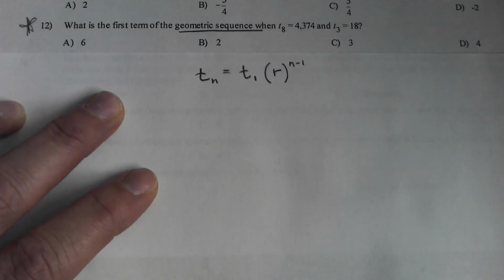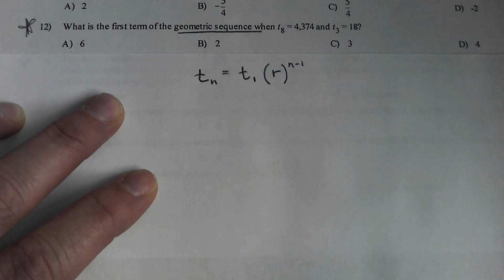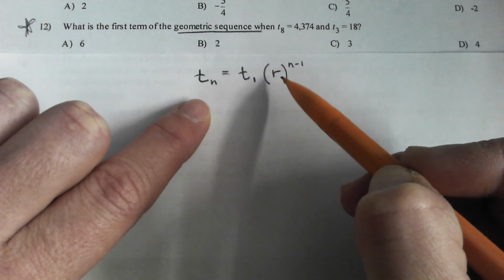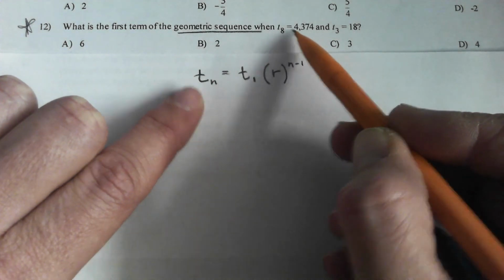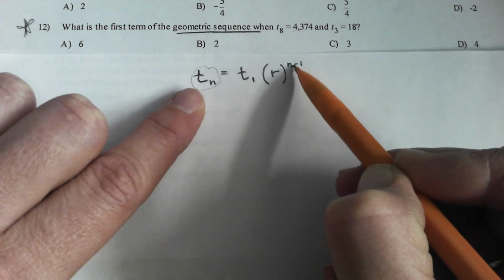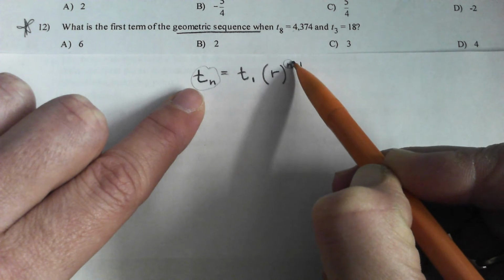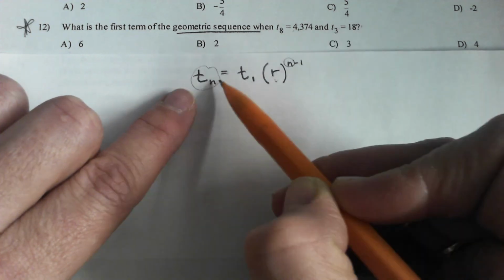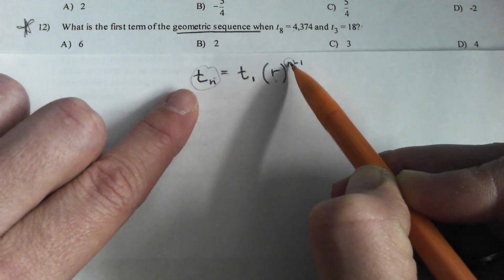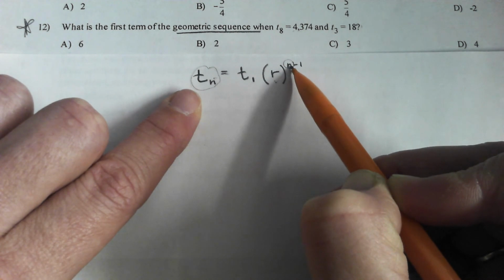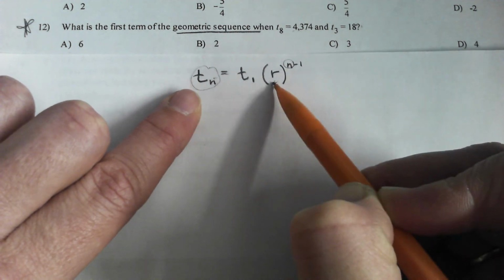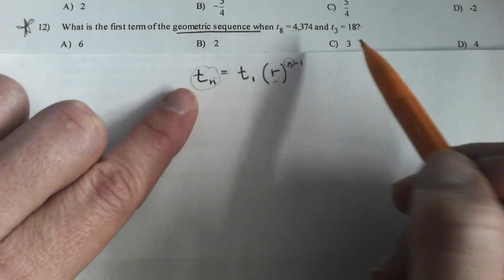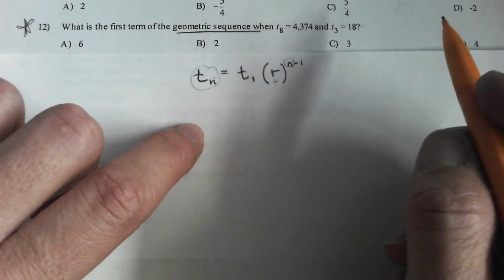The issue is we are missing, like you have the 8th term, so you could plug in 4374 with an 8, but we're missing the first term and the common ratio. You could plug in 18 with the 3rd term, but again, you're missing 2 things. So does the way I just described that shed light onto a certain way that we should do this?